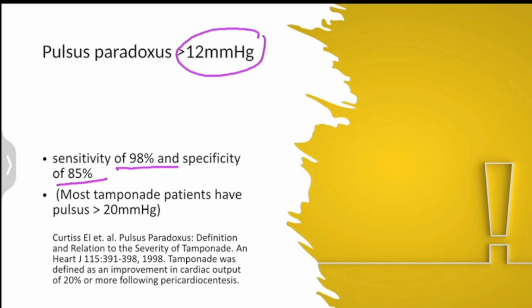Most cases of cardiac tamponade have Pulsus Paradoxus of more than 20 millimeters. But this is not a specific sign for cardiac tamponade. Cardiac tamponade is one of the important conditions where you get Pulsus Paradoxus.